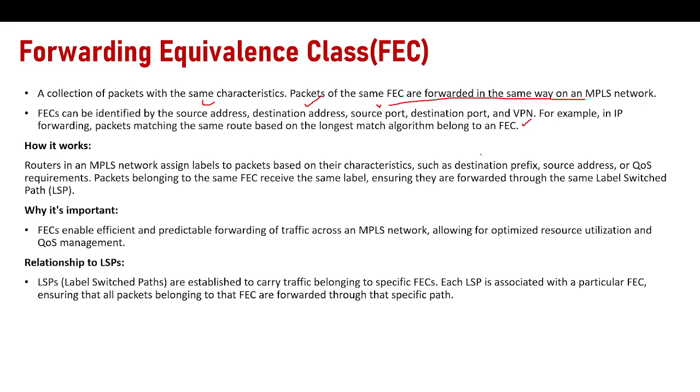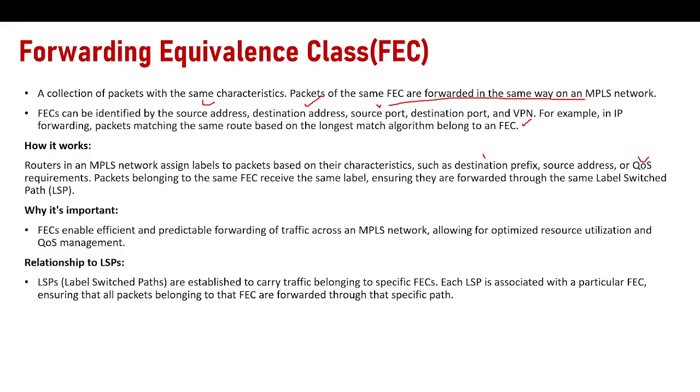How does it work? Routers in an MPLS network will assign labels to packets based on their characteristics. So you've characterized packets into different classes, and then you go ahead and assign labels to these packets. The characteristics we've already mentioned: destination prefix, source prefix, or even the QoS requirements.